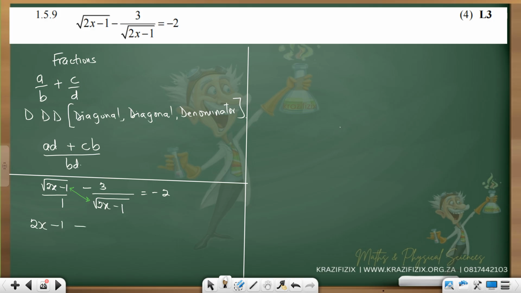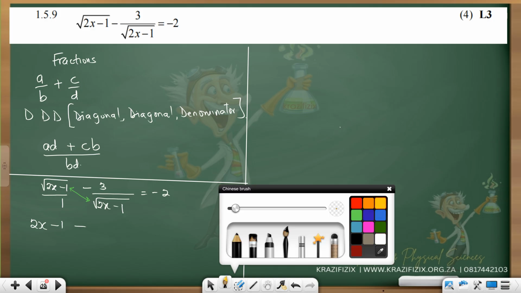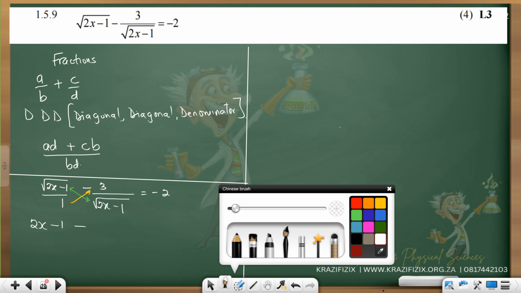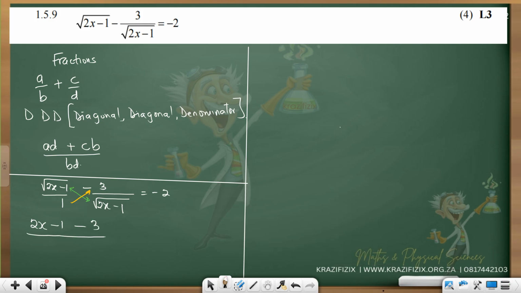Then I have a minus. Now, if I multiply this and this together, 1 times 3 would give me a 3 over, what about this denominator? Root 2x minus 1.